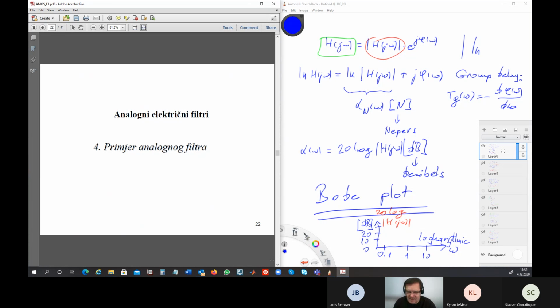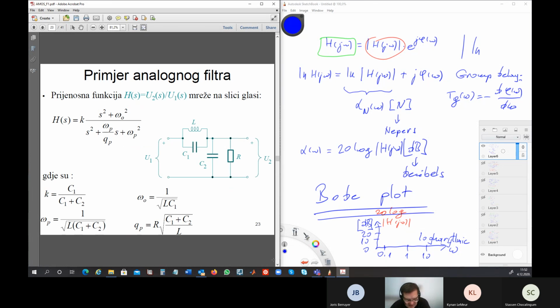Now, when we have learned the basics of today's presentation, we will look at one example of an analog filter and how it is going to be presented. This is called a passive analog filter. It has inductors, capacitances, and resistors.